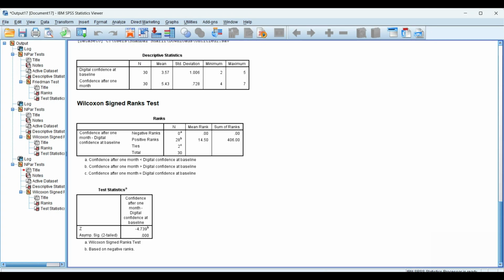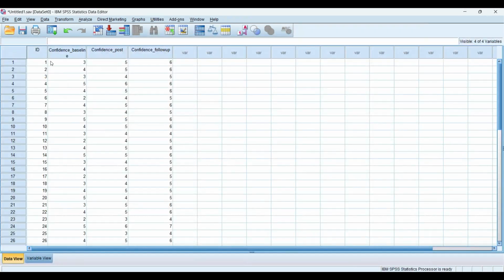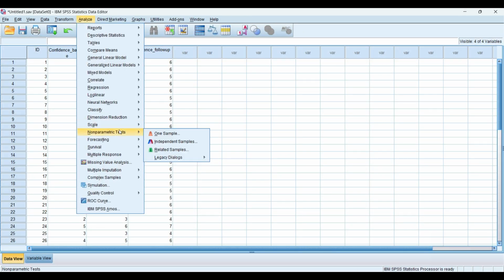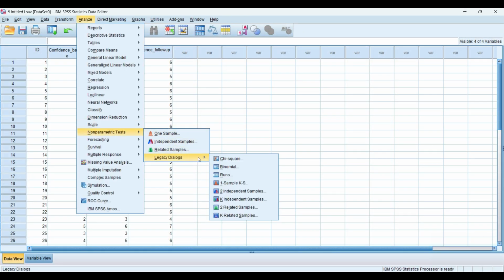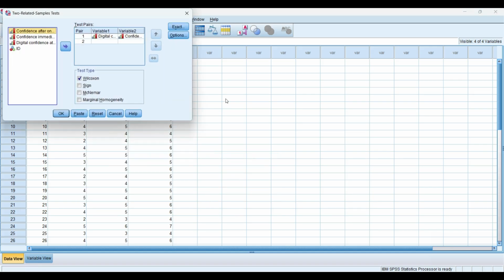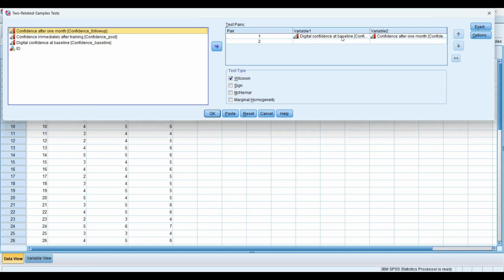Okay, now we move to the third post hoc. Click on analyze, then legacy dialog and related samples. So now we will compare immediately after training with after 1 month.